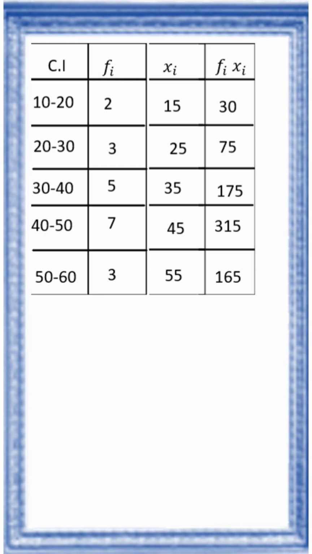Now let us go on adding the numbers under the frequency column to get summation of fi. It is 20. Now let us go on adding the numbers under fi xi to get summation of fi xi, that is 760.